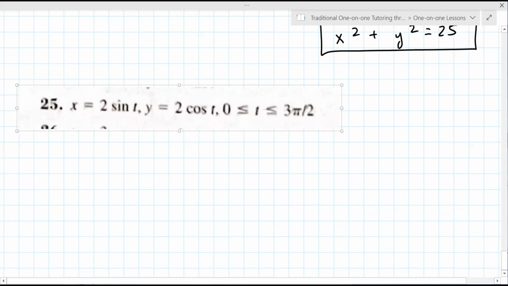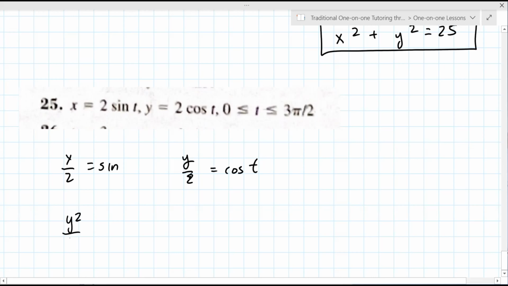There's a couple ways to do this. One is to put the x bounds, or the t, into both x and y, which we did before. This is the same style of problem as the last one. We're going to get a circle again, but there's a small exception here.